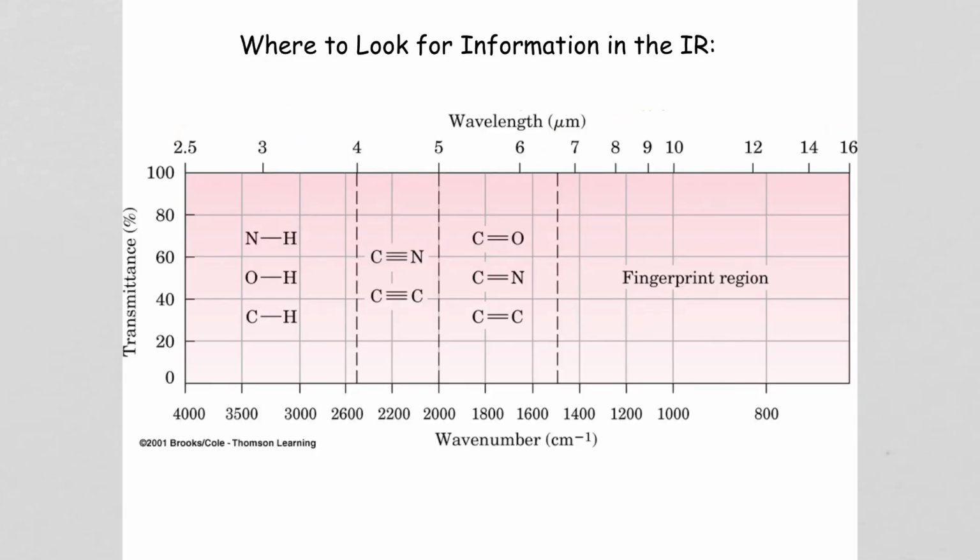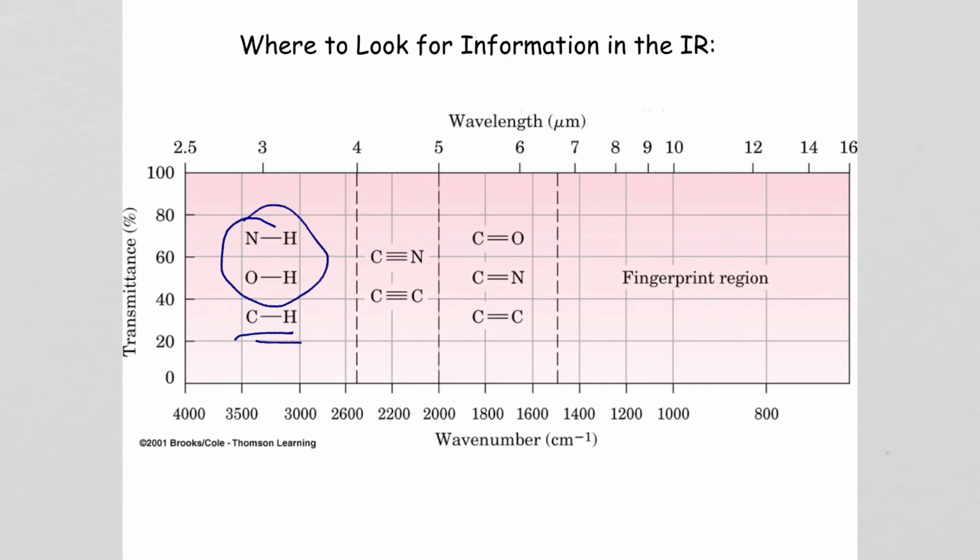This slide's nice because it kind of helps you focus in on where to look in the IR for information. In this region above 2,600, the NH and the OH peaks are really, really indicative of functional groups containing those types of bonds. As I said, all organic molecules have CH, so that's not super helpful, but that's the region that you find it in.